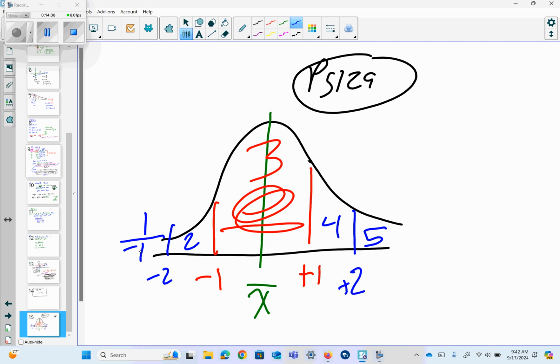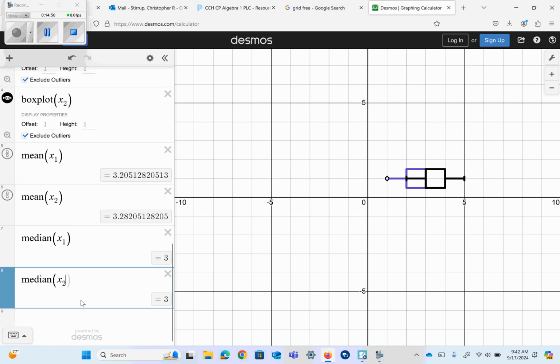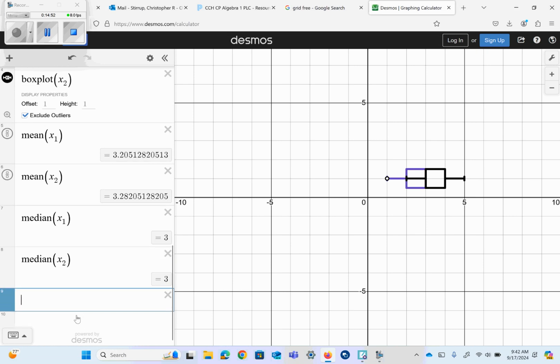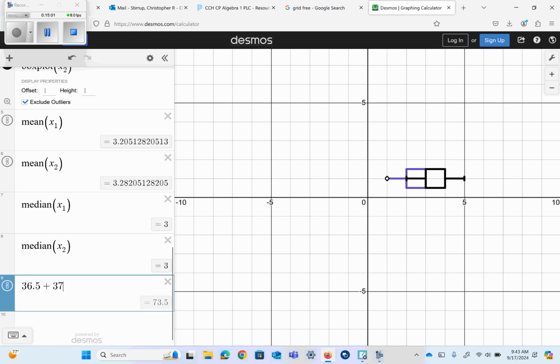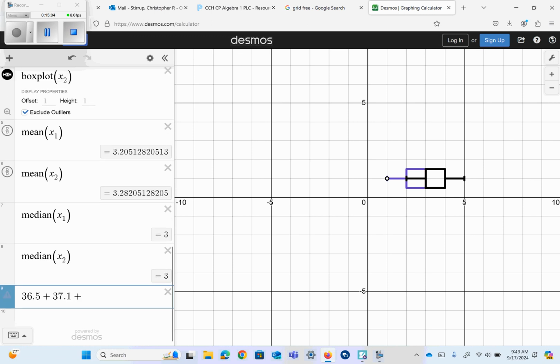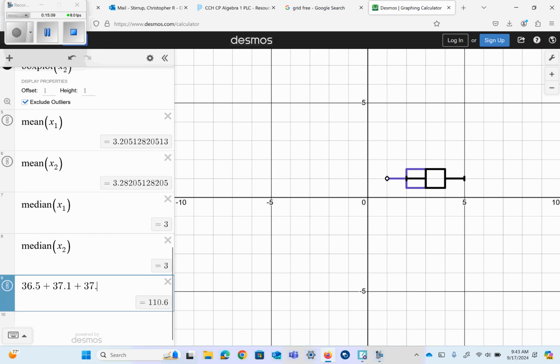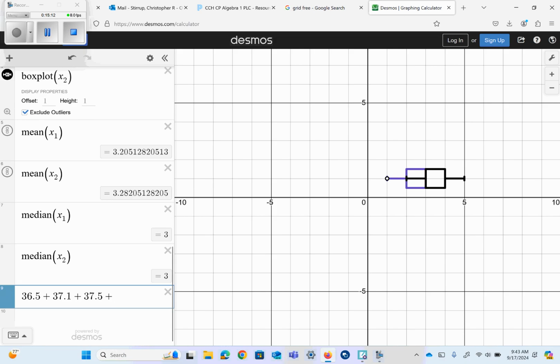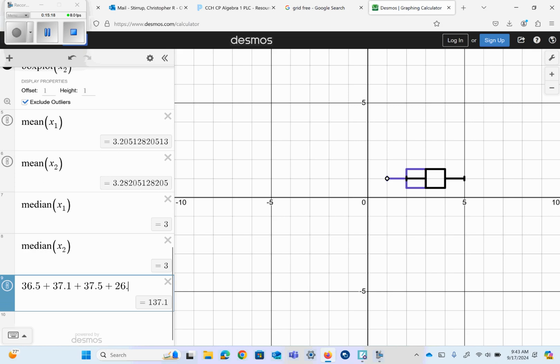Find the average time it takes to compete in the races. Well, I have to use a calculator for that. All right, so go back to Desmos. 36.5 plus 37.1 plus 37.5 plus 26.2.